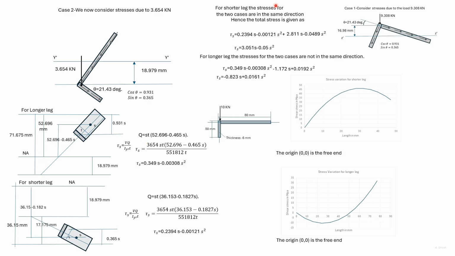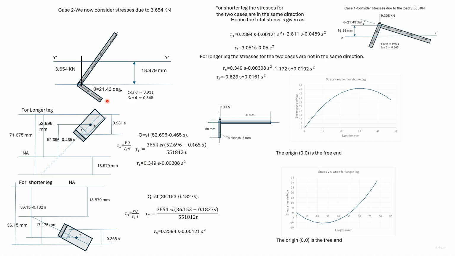Tau S is VQ by IT, where V is this load and I is I y dash, which we obtained earlier. So we get this expression as tau S for the longer leg.